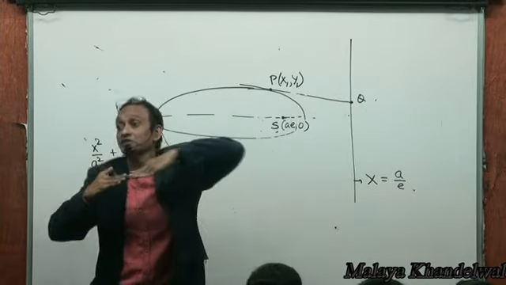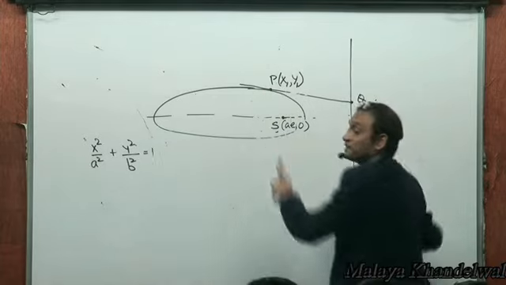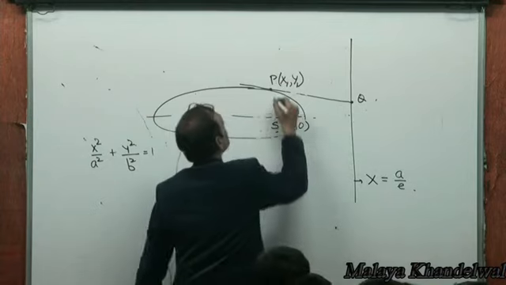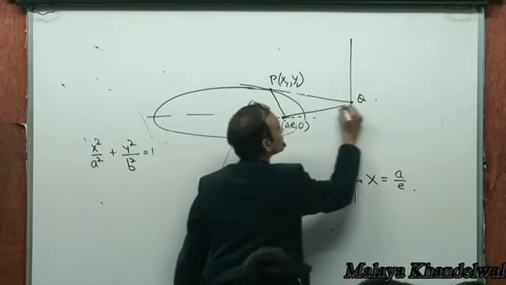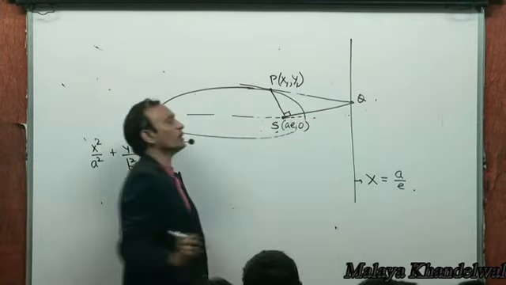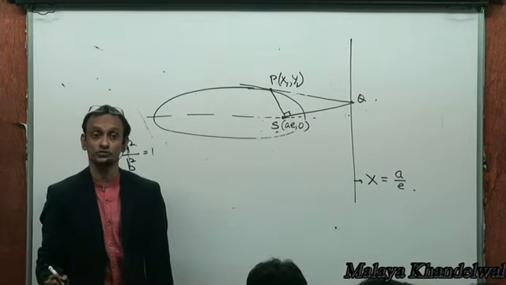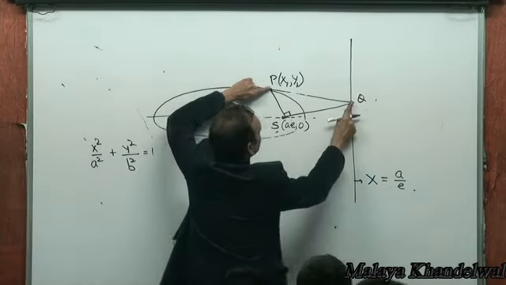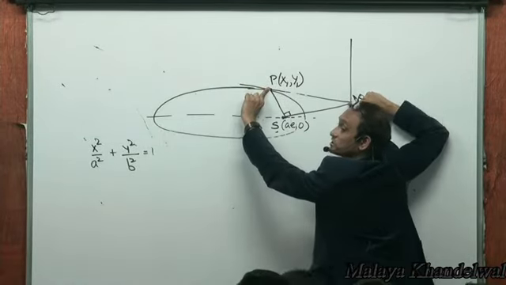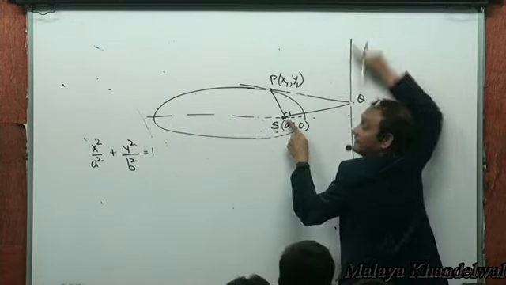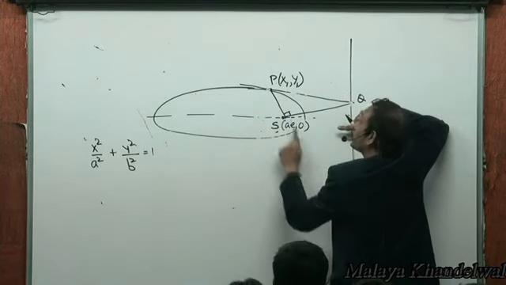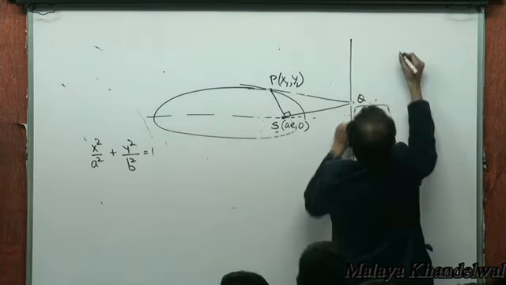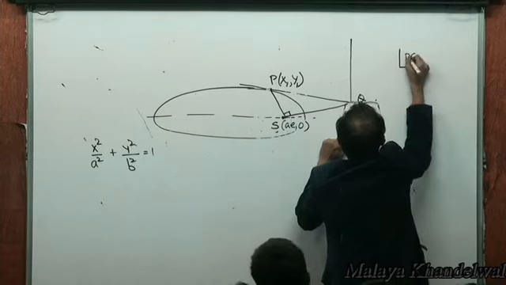PQ is the portion of the tangent lying between the point of tangency and the directrix. This PQ will always subtend a right angle at the focus. That's important to understand. I'll prove that in a while. PQ is the portion of the tangent lying between the point of tangency and the directrix, right? Then it will subtend a right angle at the corresponding focus. That means angle PSQ will be 90 degrees.